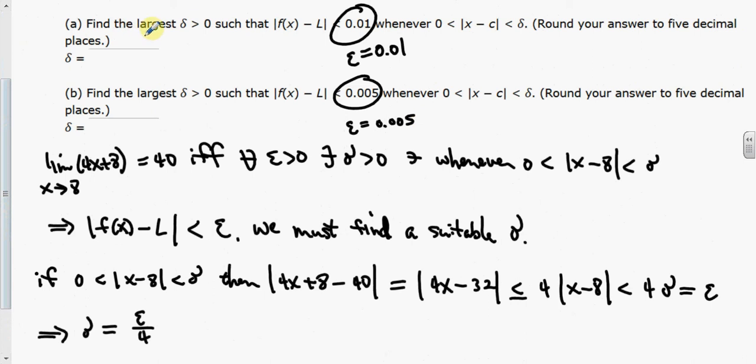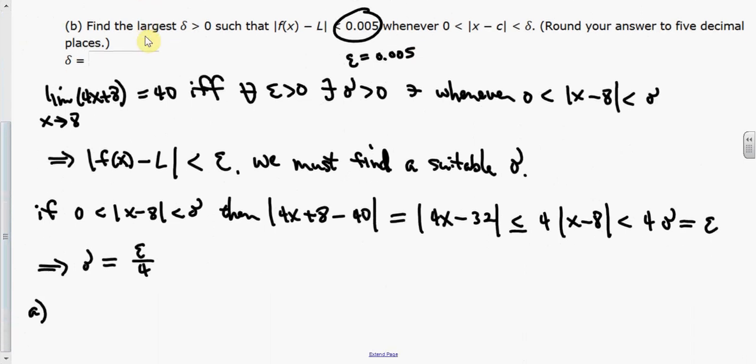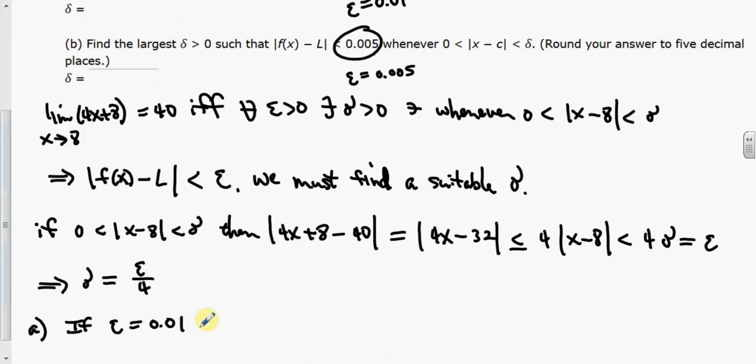It said find the largest value for delta. So for part A, if epsilon is equal to 0.01, then delta is equal to 0.01 divided by 4, which is 0.0025.